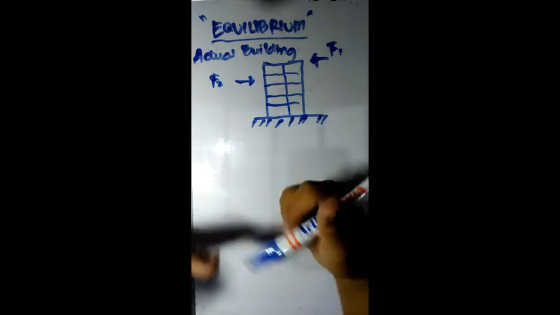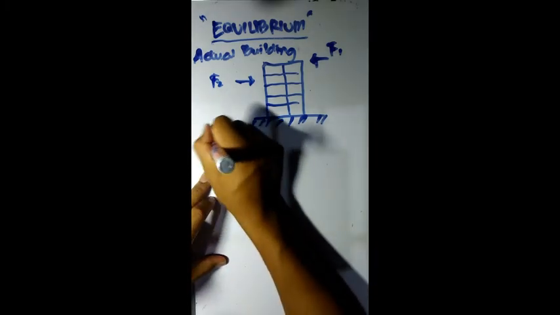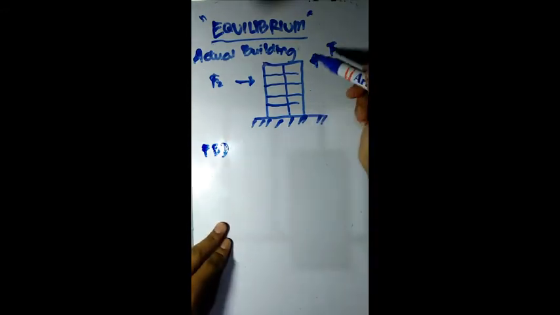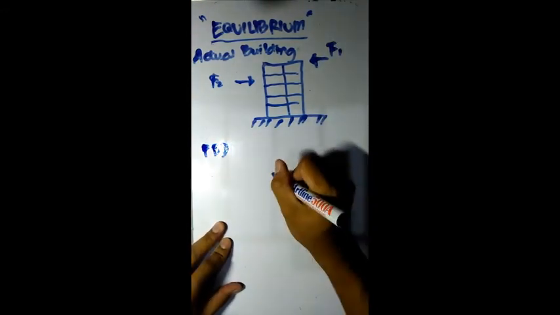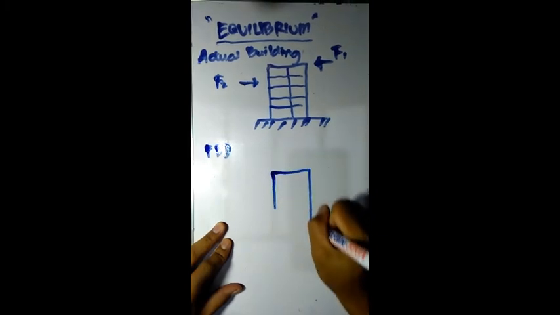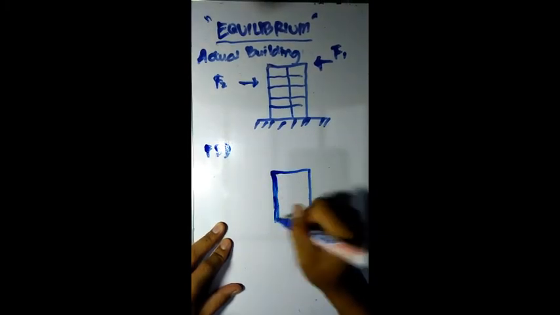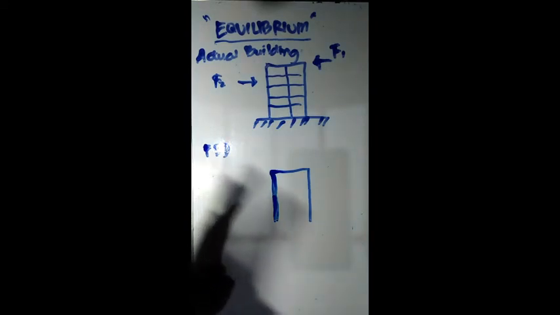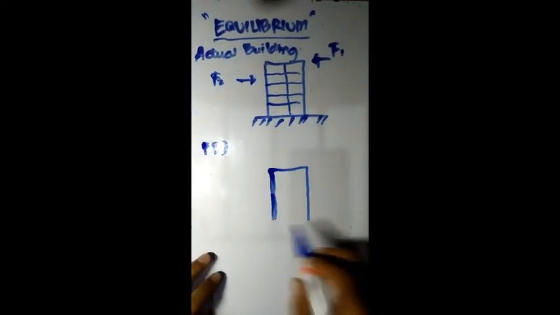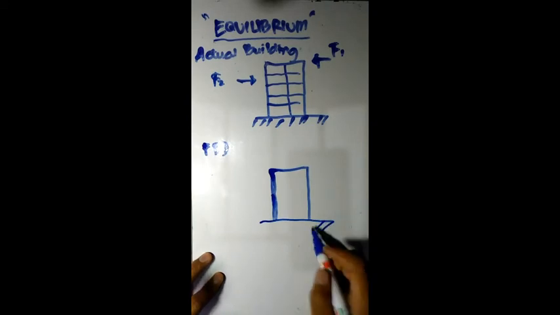Pero kapag sa free body diagram or FBD, kapag i-draw natin ang building na ito in free body diagram, ang mangyayari dyan is ganito. Okay? I-draw natin lahat ng possible forces na exist. Those are the external forces. Example, this one.